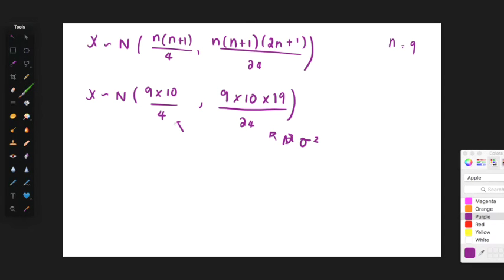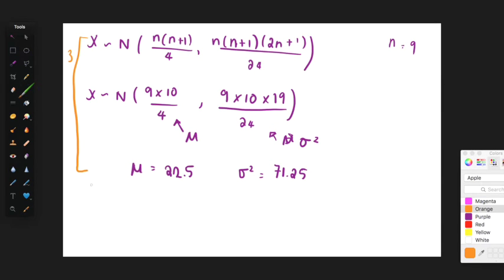And this will correspond to the mu. So we can then say mu is equal to, if you work this out, it should give you 22.5, and the sigma squared should give me 71.25. So that's my mu and my sigma squared. So we can call this the third part to doing it.